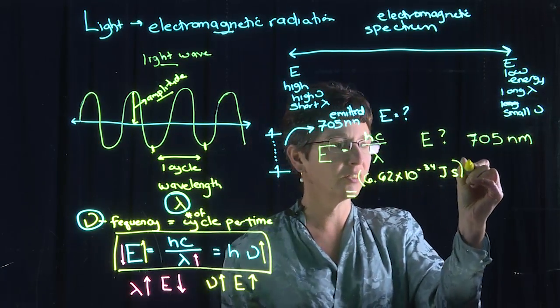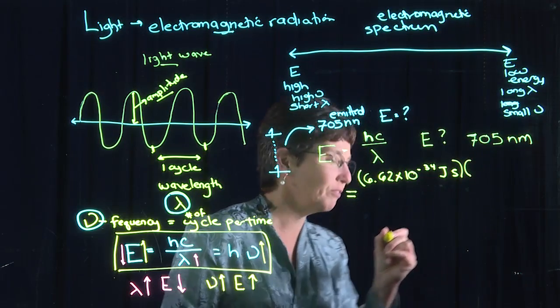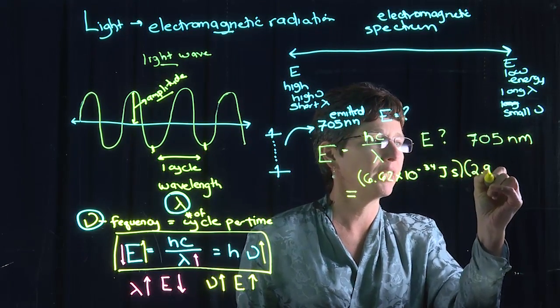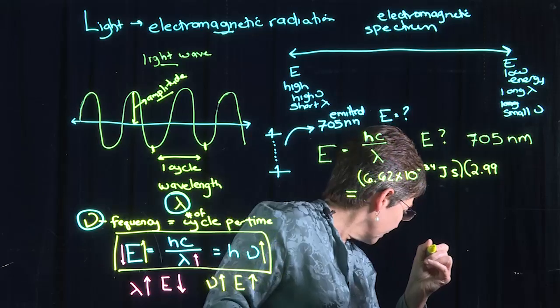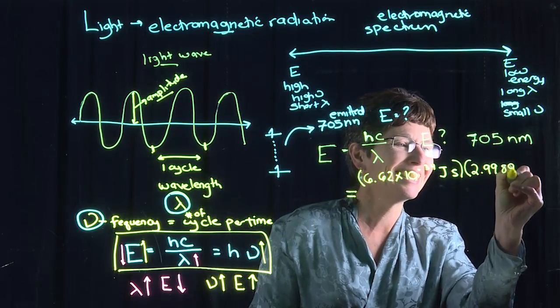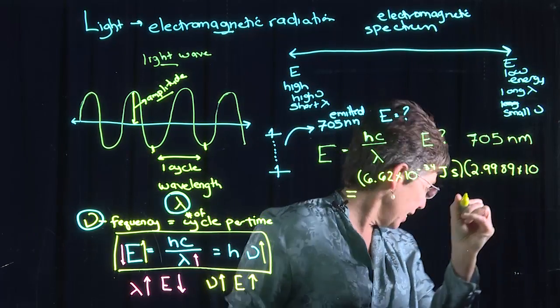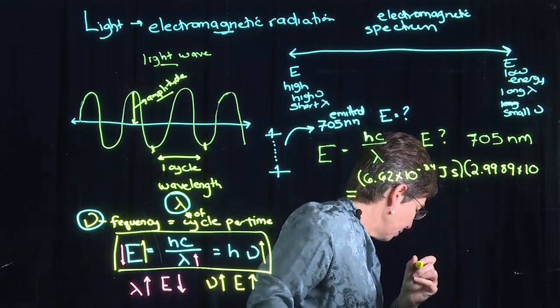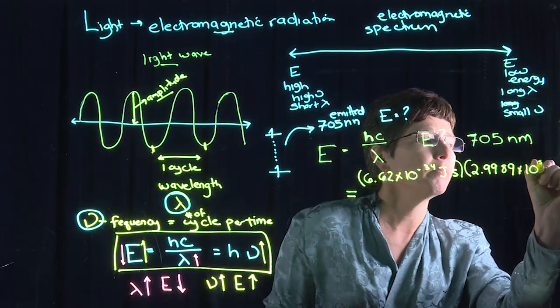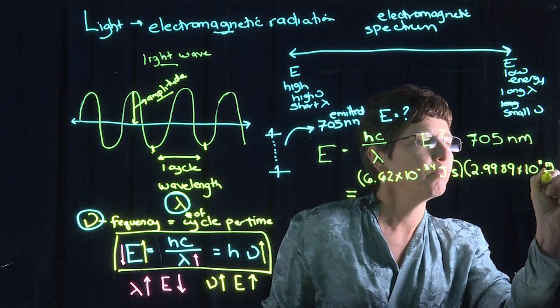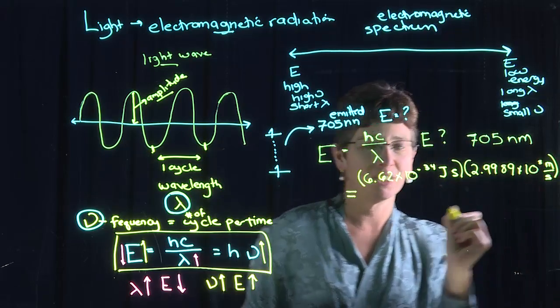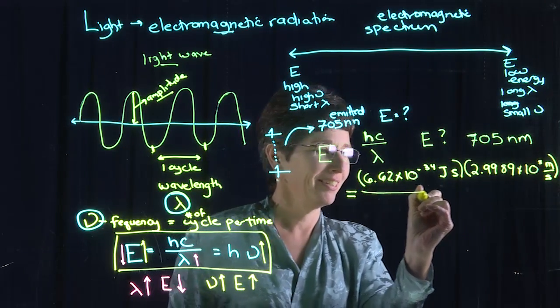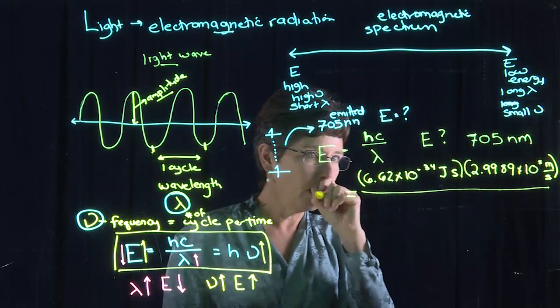If we do a Dr. J and use a few more figs on our speed of light, we get 2.9989 times 10 to the 8th meters per second. I see the problem with sig figs. You run out of space on your board, but we know Dr. J loves them, and we're obliging here.